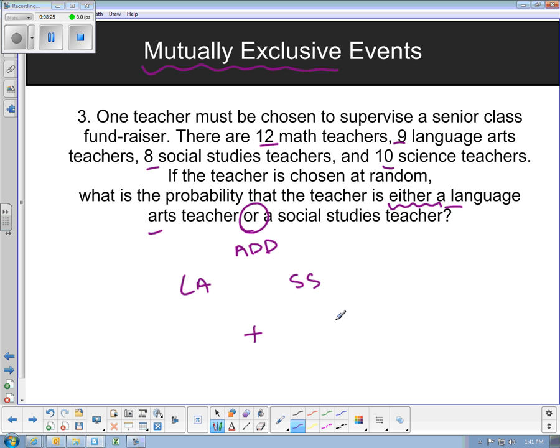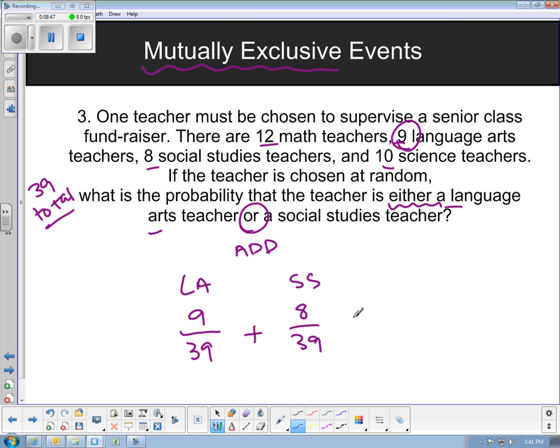When I add all those up, I get 39 teachers. There's 39 total. So out of 39 teachers, how many of them are language arts? We see 9, so 9 out of 39. For the social studies, out of 39 teachers, there's 8 that are social studies teachers.